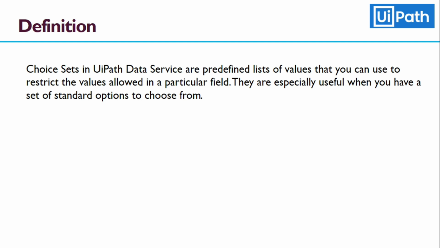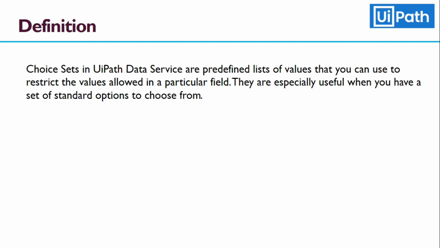This way, there is no chance of mistakes like someone entering ACTV as active, or ACT, or ACTVE, right? So, there is no chance of making mistakes here. They will have to select a choice from the drop down.